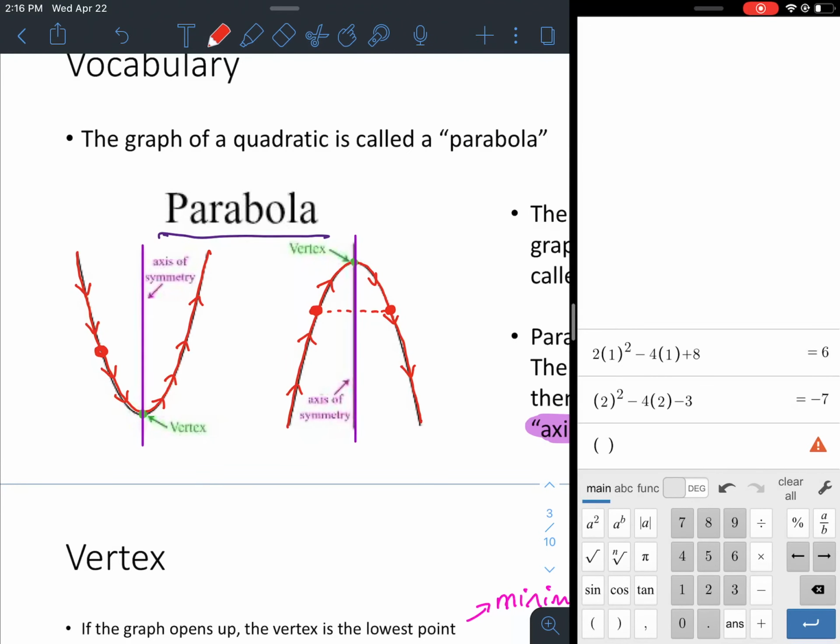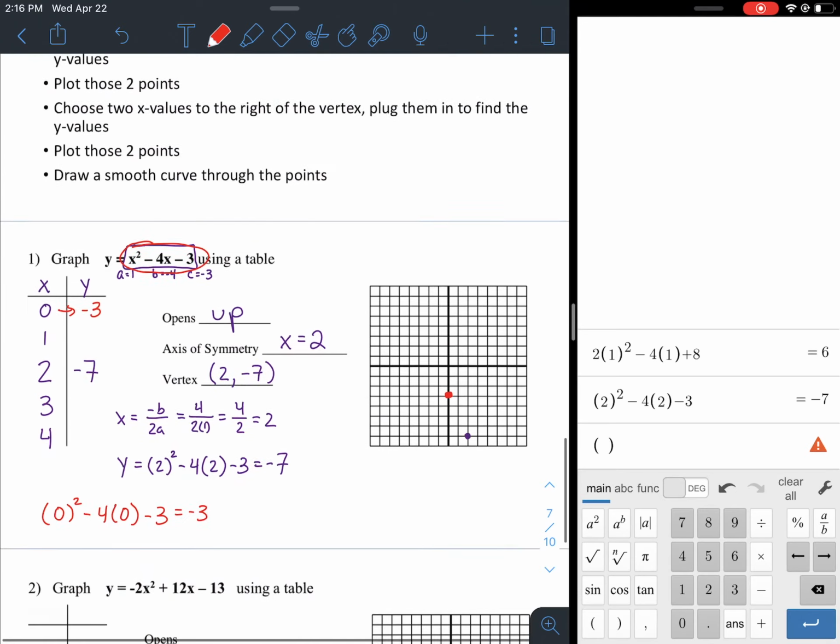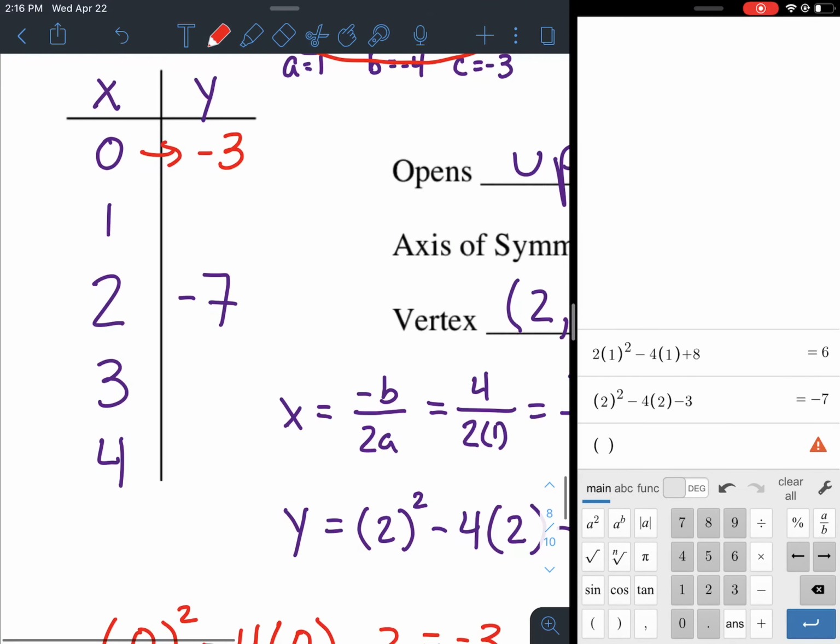Okay, likewise, if I have a point here, straight across, I've got a mirror image right on the other side. So what that means is this. If 0 is at negative 3, then that means this 4 is also going to be at negative 3.